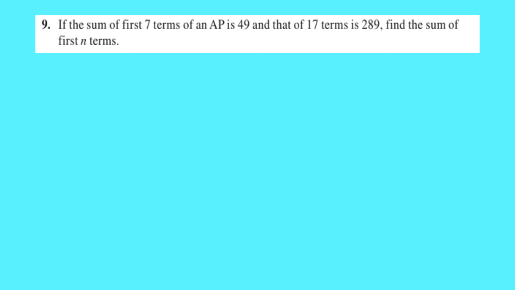Here it is given sum of first 7 terms, that means S7 equal to 49, and that of 17 terms, that means S17 equal to 289. Hence find the sum of first n terms. That means you have to find Sn.